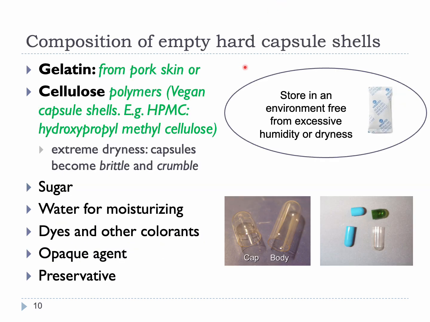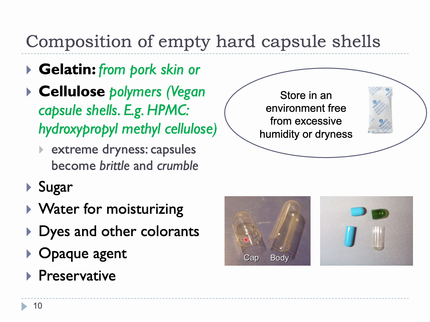What is the composition of an empty hard capsule shell? Any hard capsule shell is made with the main ingredient being gelatin. This is a typical image of a capsule shell. The shell is made from gelatin, and gelatin is extracted from pork skin.